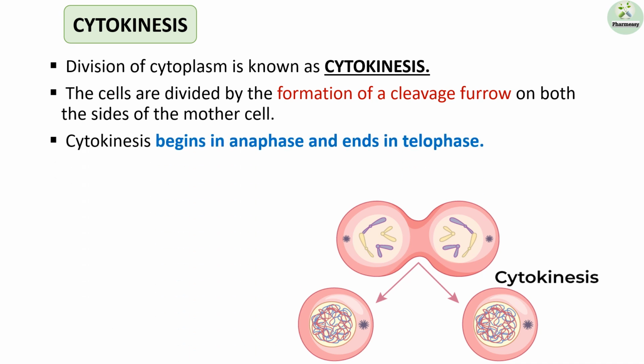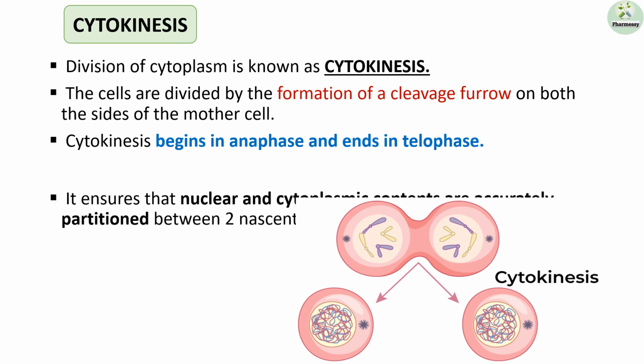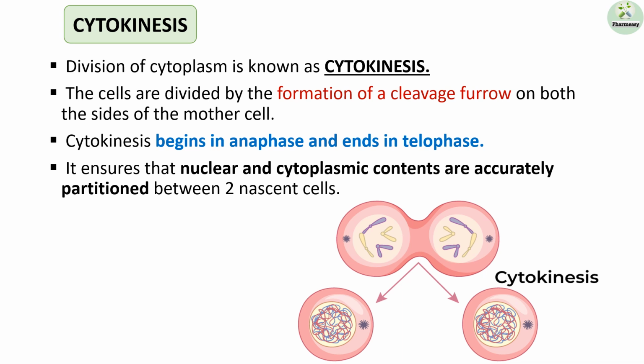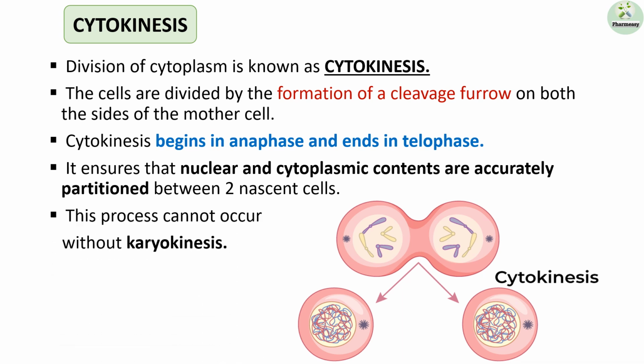This process cannot occur without karyokinesis. Cytokinesis begins in anaphase and ends in telophase. It ensures that nuclear and cytoplasmic contents are accurately partitioned between two nascent cells. And it often happens after nuclear division.